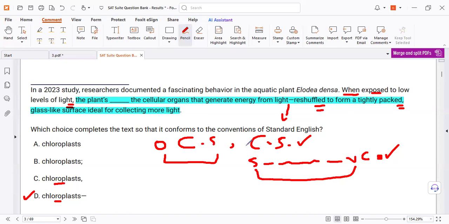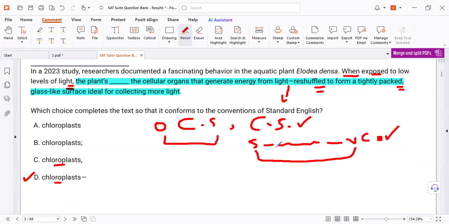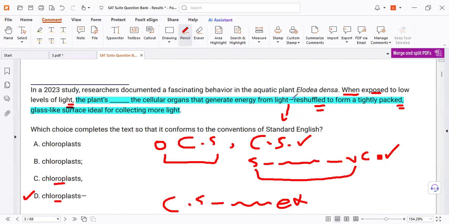That's why I must determine where the test is, the second one, right? If you want to check the use of a single dash, it equals a colon. There must be a complete sentence before and an explanation after. But before this one, it's a fragment. From the beginning to the end, it's a fragment.